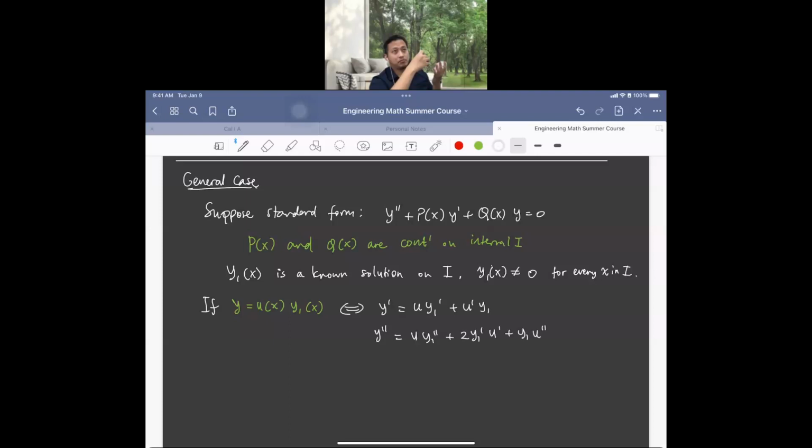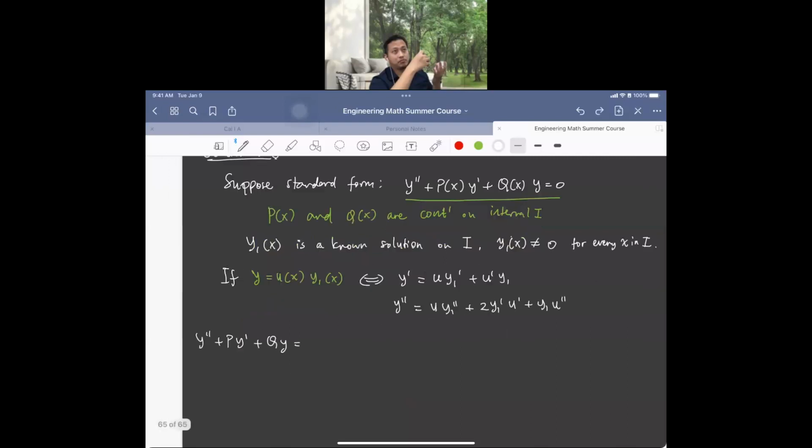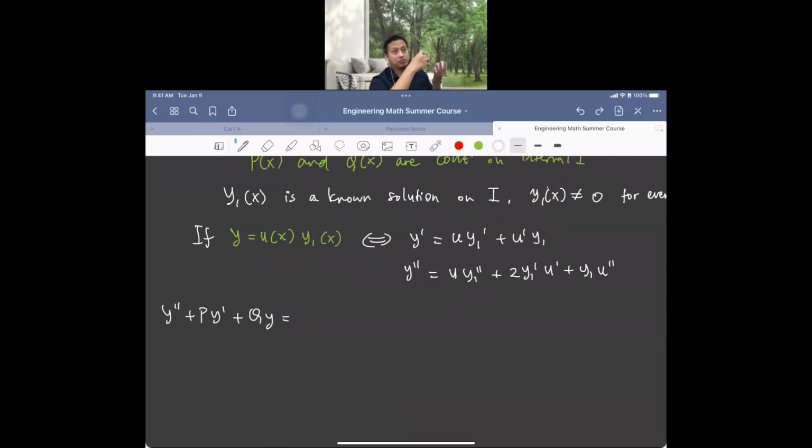Let me just write the result. This is similar to what we have before. Now substitute into the DE, y'' + py' + qy.